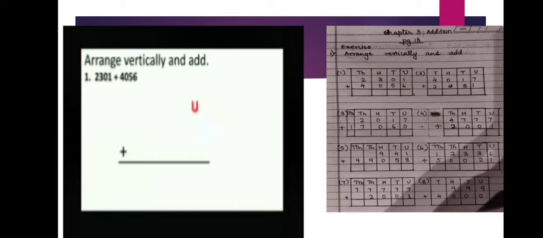First you will make units column, then you will make tens column, then you will make hundreds column, then thousand. TH is for 1000.